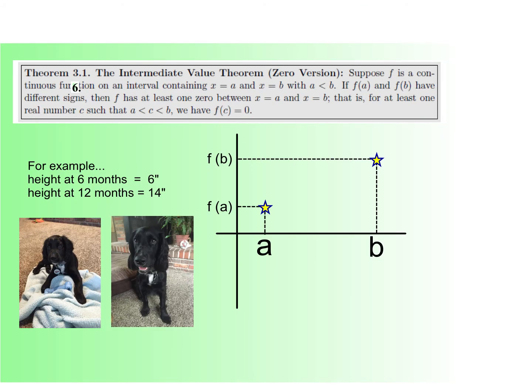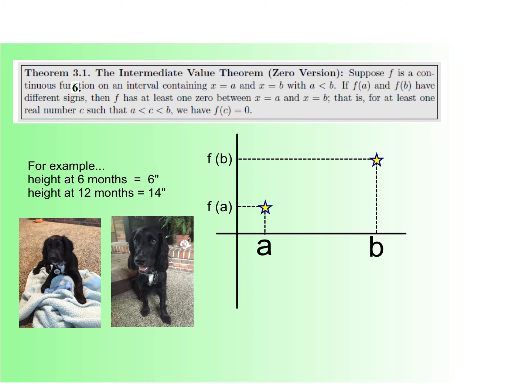All right. This is just a brief mention of the intermediate value theorem, and that honestly is something that is a calculus topic, and I was talking to a colleague.